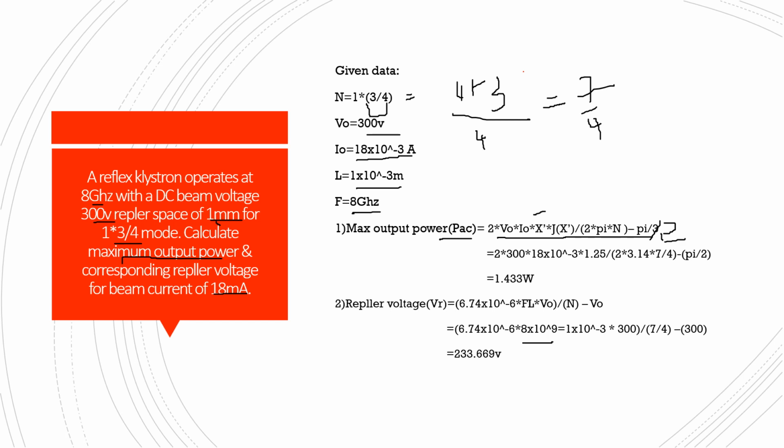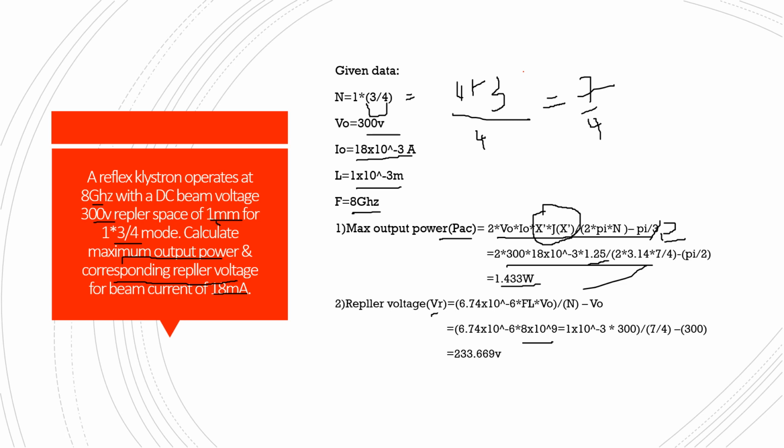Here X bar into J of X bar is constant and its value is 1.25. We substitute all the given data and the answer obtained is 1.433 watt.